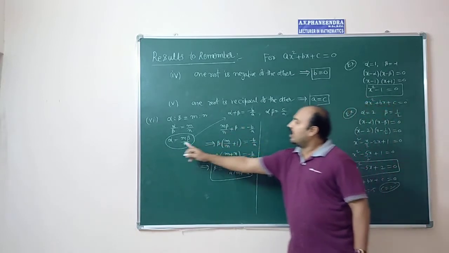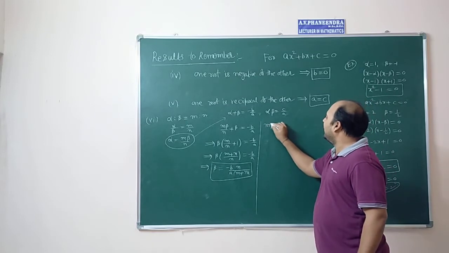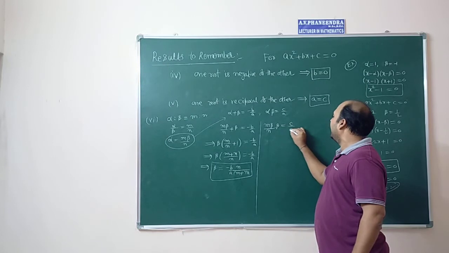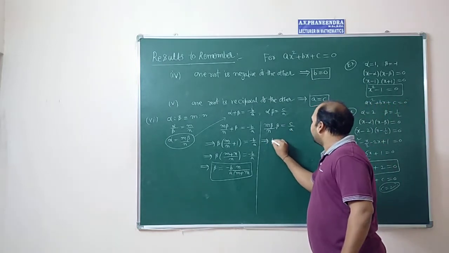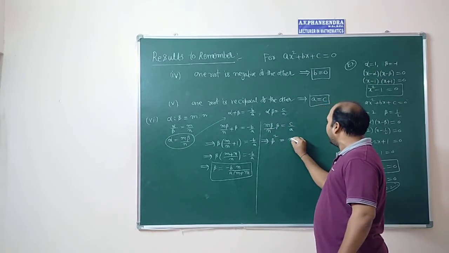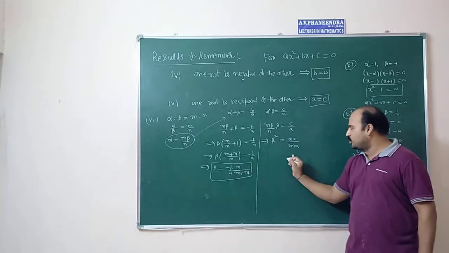Now substitute the alpha value in the product of the roots also. Therefore, m beta divided by n into beta is equal to c by a, that is, beta square is equal to nc by ma. The beta value we know now; substitute in this.